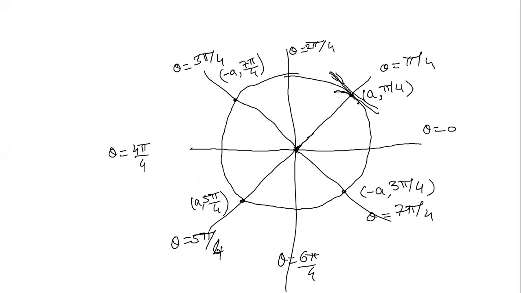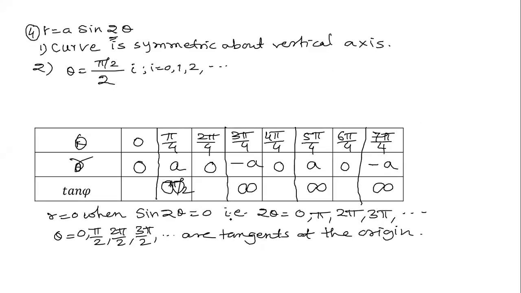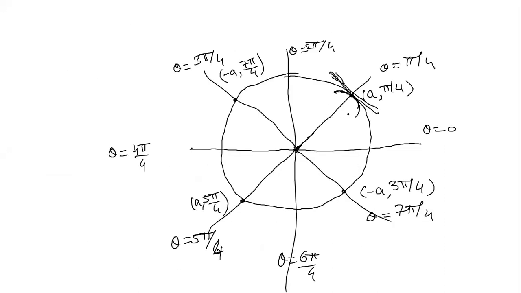So it must be like this. And we know that theta equal to 0 and theta equal to pi by 2 are tangents at the origin. So this is one loop like this.